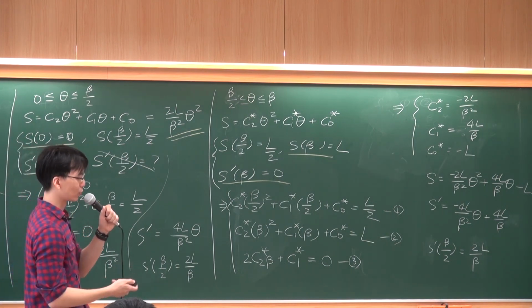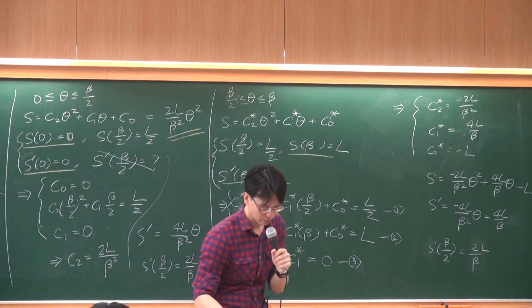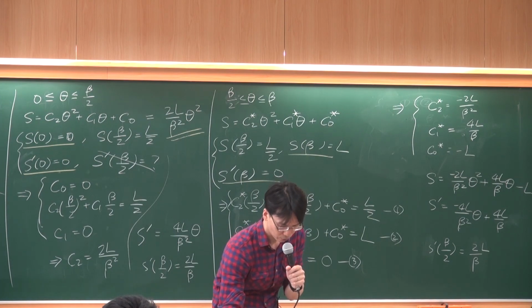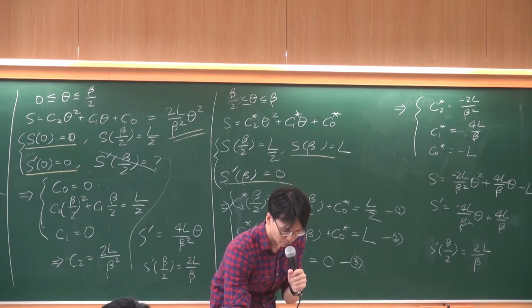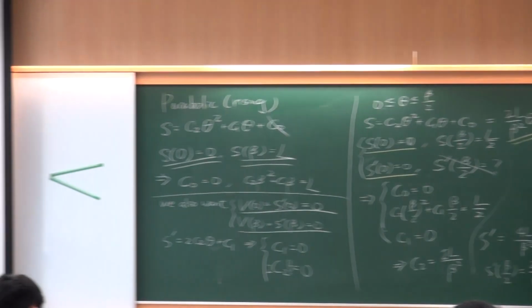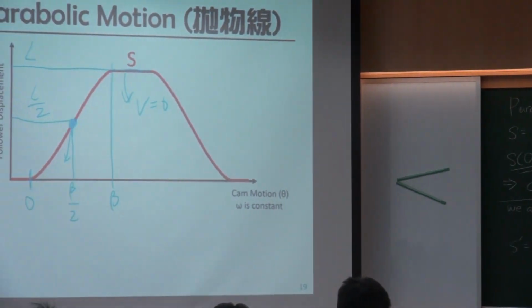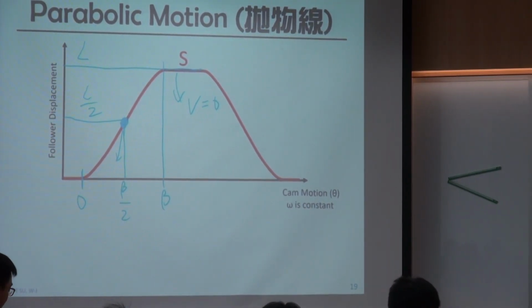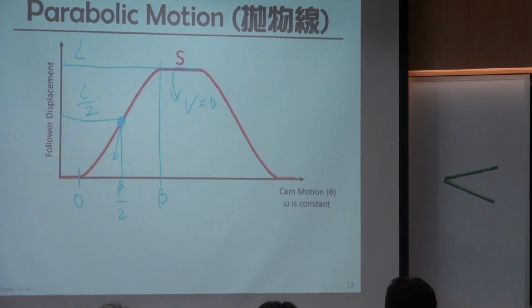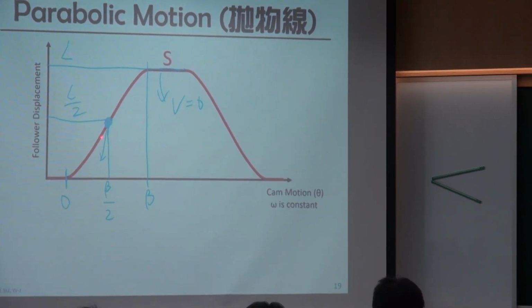But there's one thing we need to confirm. Previously, when we were doing the velocity for this point, we haven't defined it. We said that right now it's not necessary to be constant.